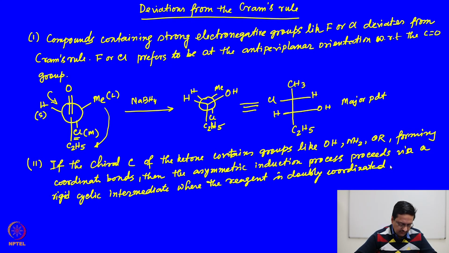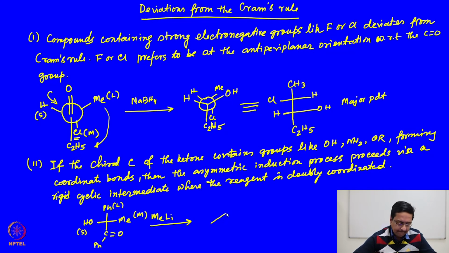Let us see one such example. Suppose we have a compound where we have a phenyl, methyl, OH associated with a ketone. Obviously, phenyl is the large group, methyl is the medium group and OH is the small group. When we try to treat this with methyl lithium reagent, the intermediate that is formed is this one.